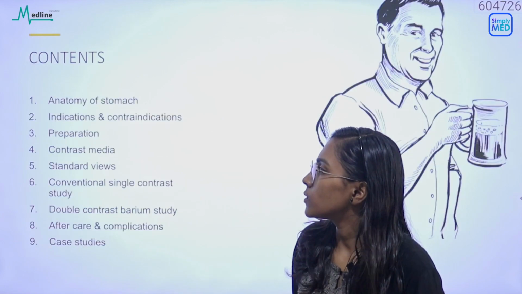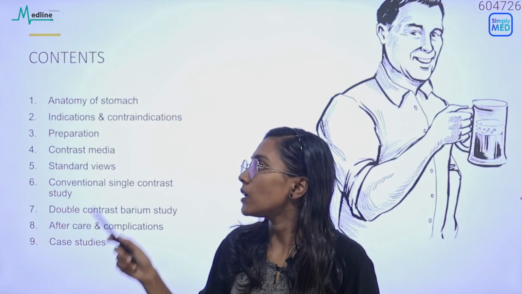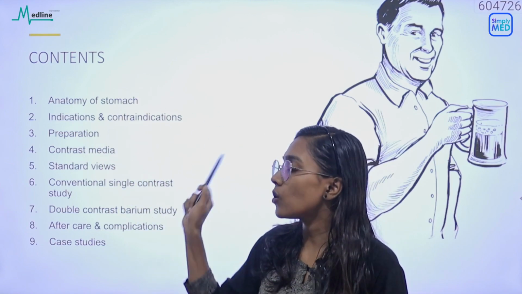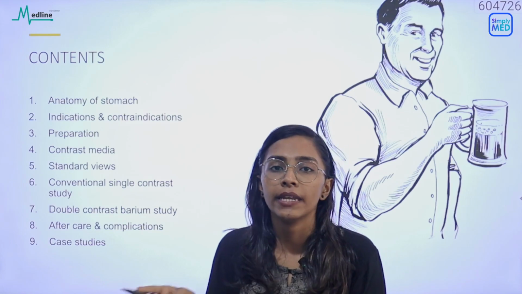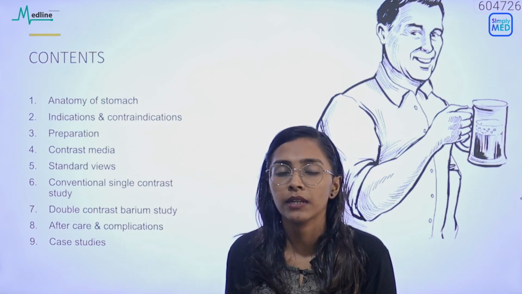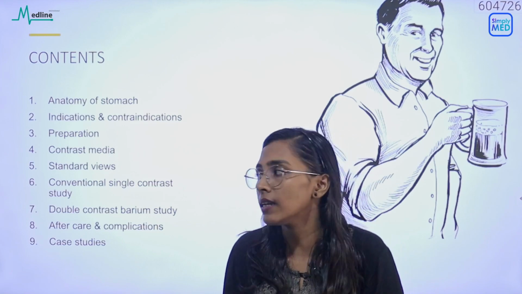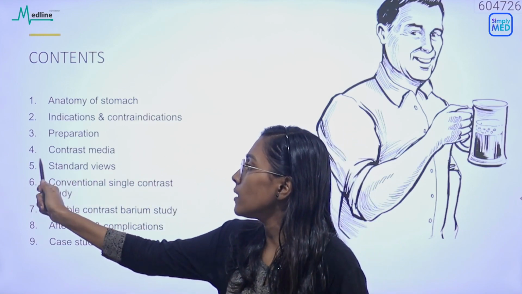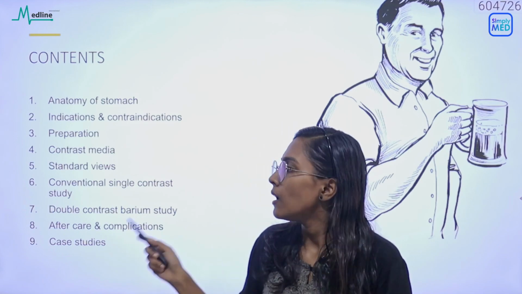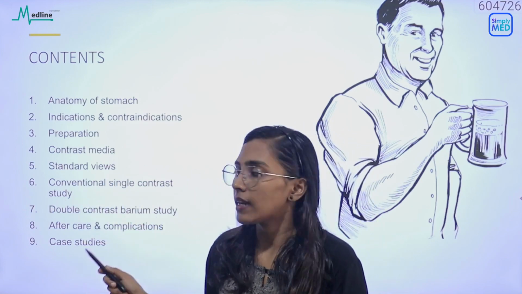Today we'll start with the anatomy of the stomach, then indications and contraindications for doing a barium meal study, then how to prepare the patient, the contrast media used, and most importantly, the standard views. This one is a bit difficult to digest, but I'll clearly explain that to you.